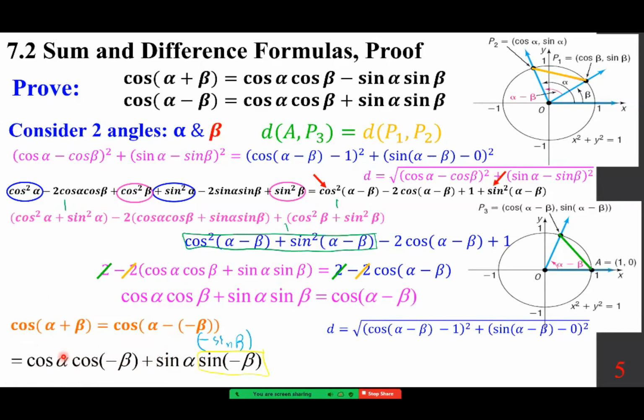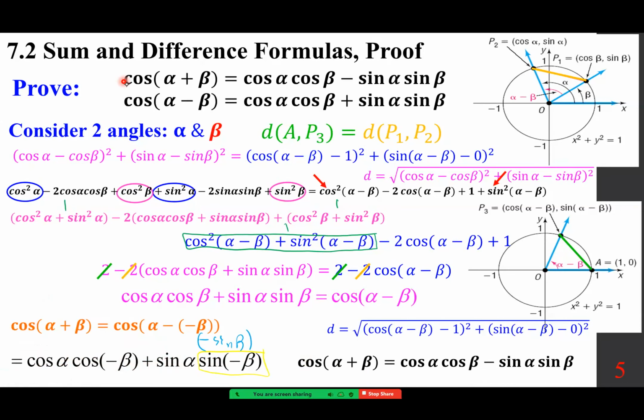So this doesn't change as a positive sign. And that's the proof of cosine of alpha plus beta. So I wanted you to be exposed to the proof, although you're not responsible for the proof, but it helps if you can follow that.